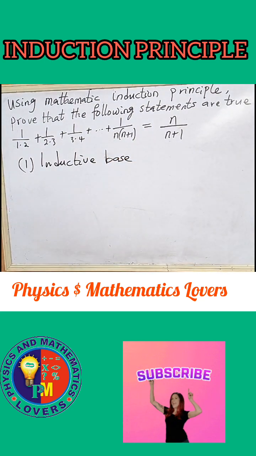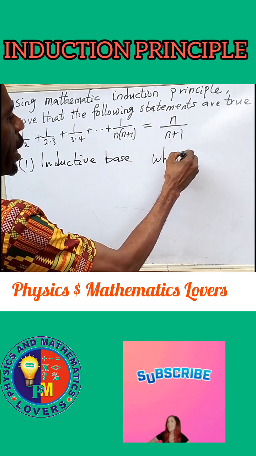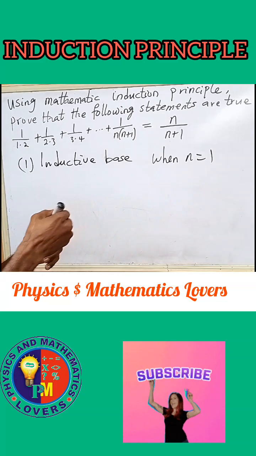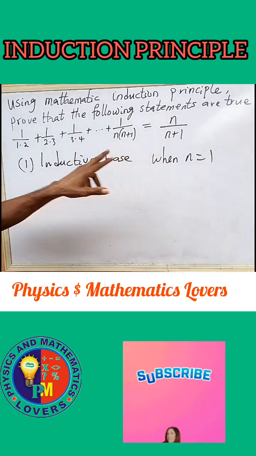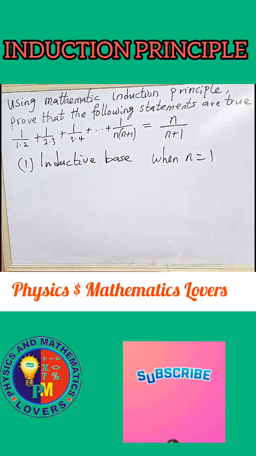This inductive base, or you can call it the base case, means that when you substitute n equal to 1, you check whether the statement is true, whether the right hand side tallies with the left hand side.